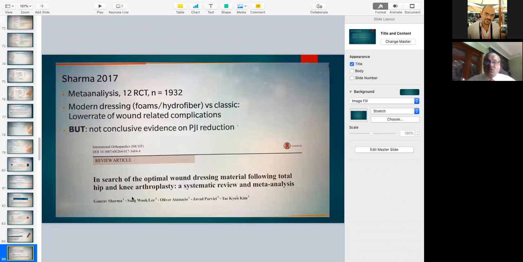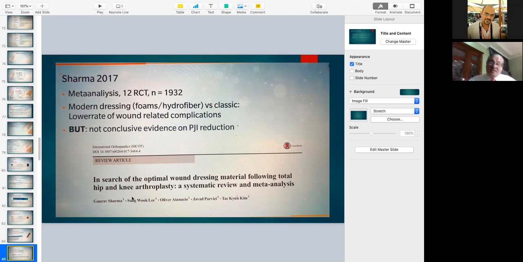Sherma also, 2000, for modern foam dressings versus classic, a lower rate of wound-related complications, but no conclusive evidence on PJI reduction. Why?